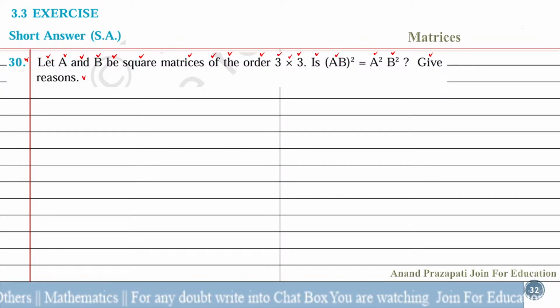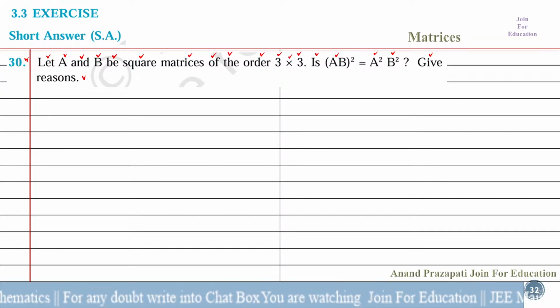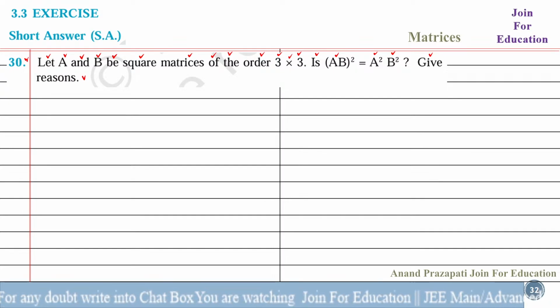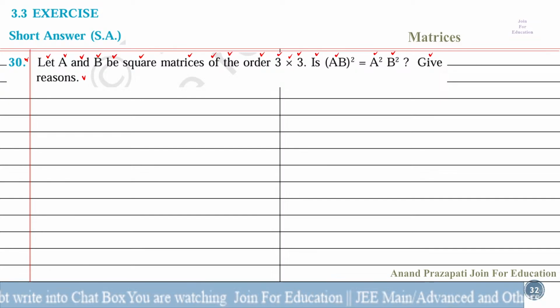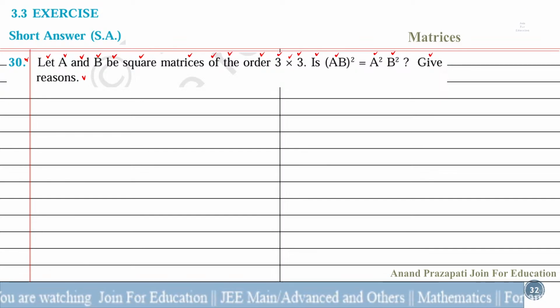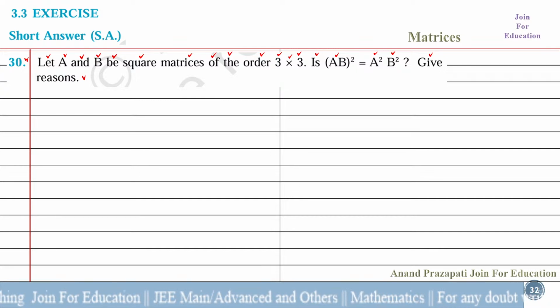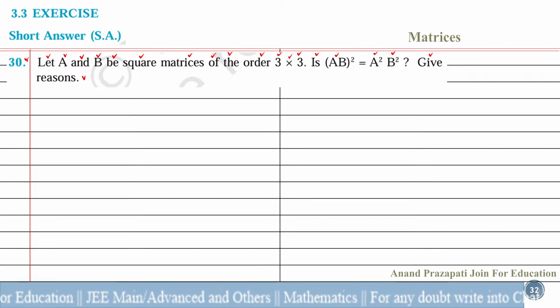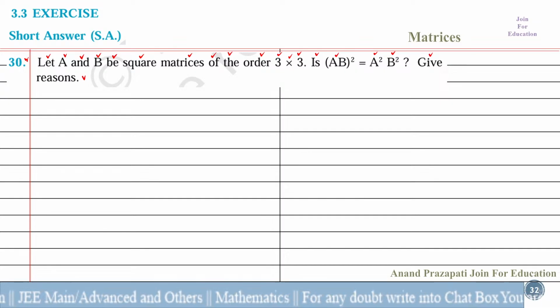So this question is based upon the property of the matrices. If both A and B are the inverse to each other and the product of A and B is the identity matrix, then this one is true. So let's see the solution.